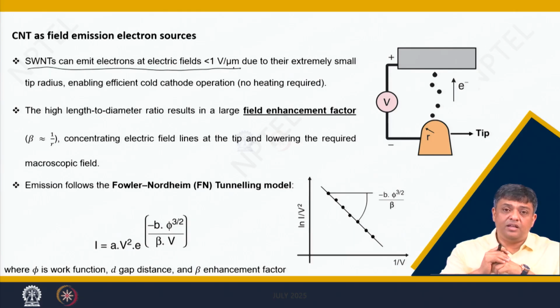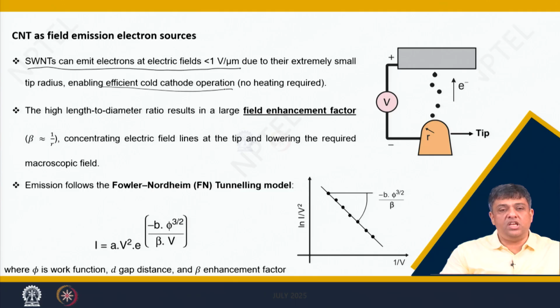Why? Because of the sharp tip which you have. This allows you to have field emissions without the use of heating. That means it gives you the capacity for efficient cold cathode operation.